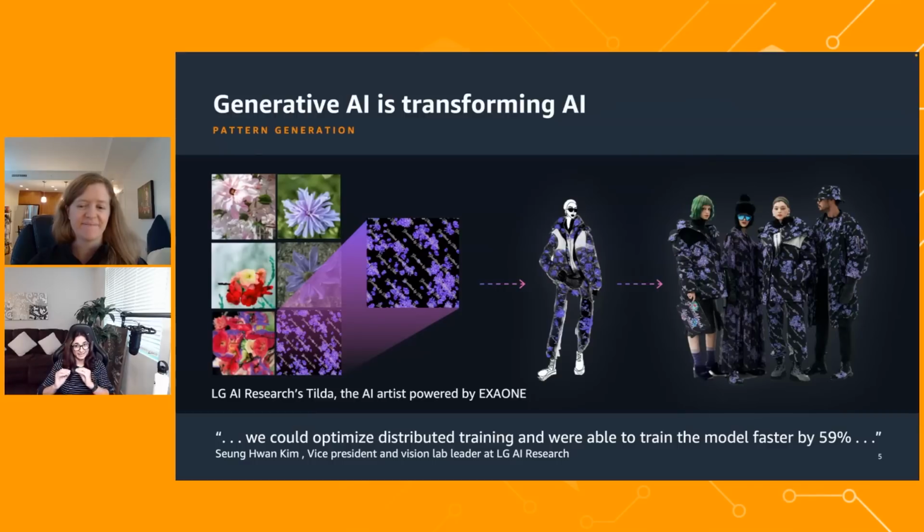The cool thing that I really like about this use case is they generated this print using the images that you can see on the left side, and this was used to design a line of clothing. They call this their AI designer, Tilda. And not just that, this actually showed up in the New York Fashion Week in February 2022.